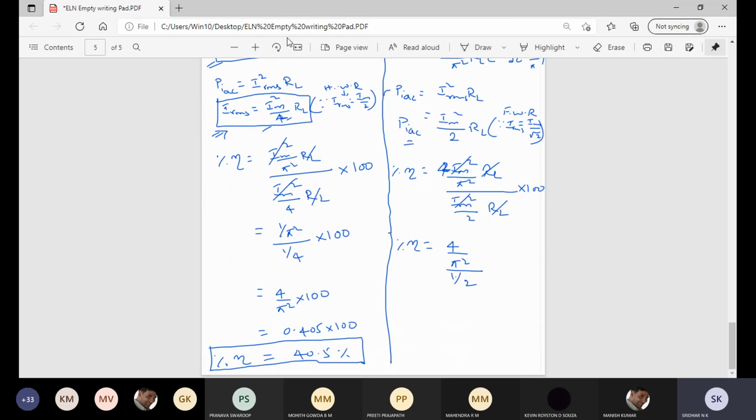So the final equation will be percentage of efficiency is 8 by pi square into 100, which is 0.812 into 100, equal to 81.2%.